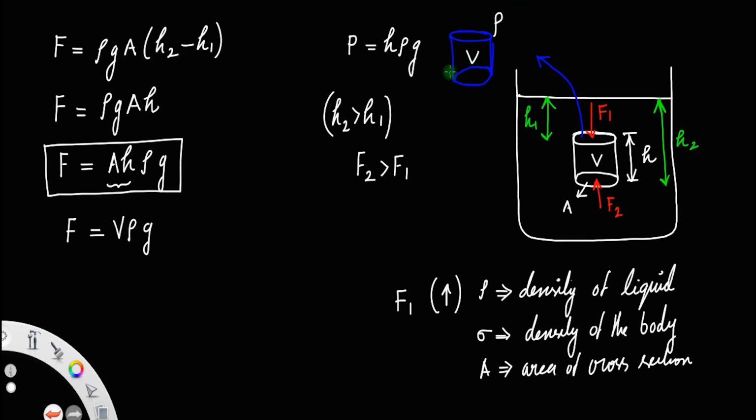Volume into density gives the mass of the liquid displaced. So F is equal to, let's call that m dash g. So m dash means the mass of the liquid displaced and g means the gravity. So this will give the weight of the liquid. Mass times gravity is the weight of the liquid displaced.